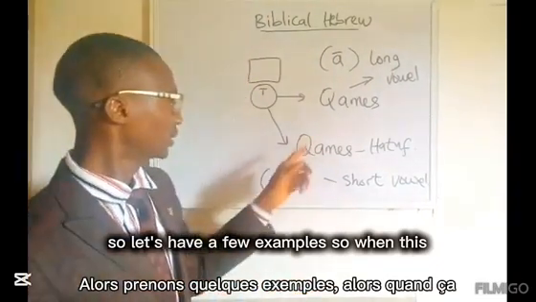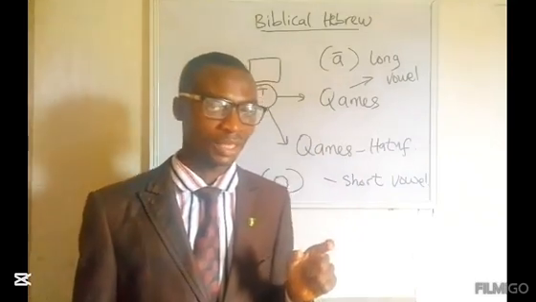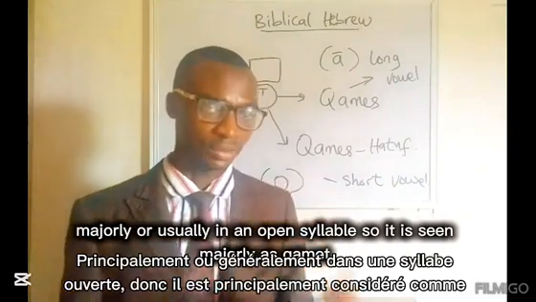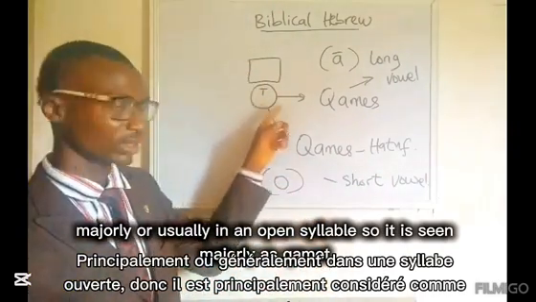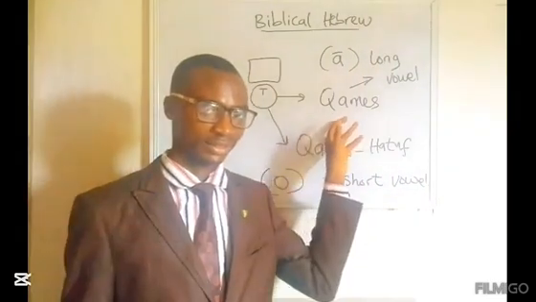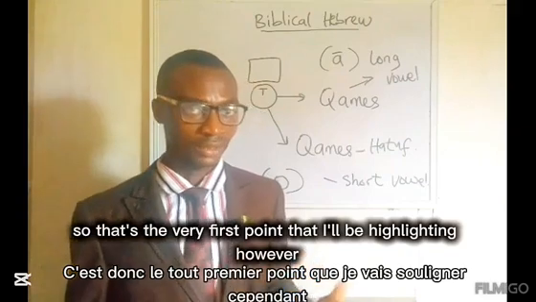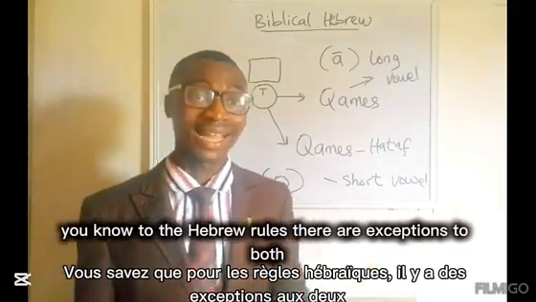So when this comes majorly or usually in an open syllable, it is seen majorly as Qamet. So that's the very first point that I'll be highlighting. However, to the Hebrew rules, there are exceptions.